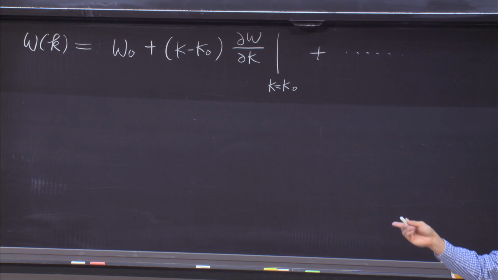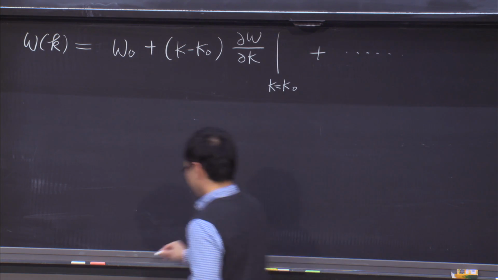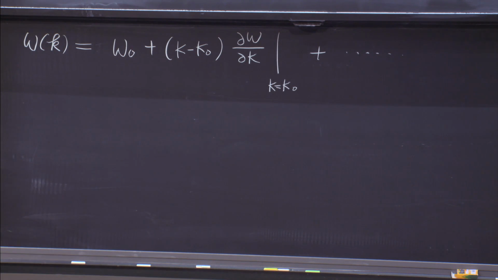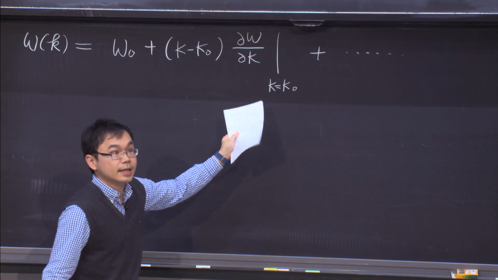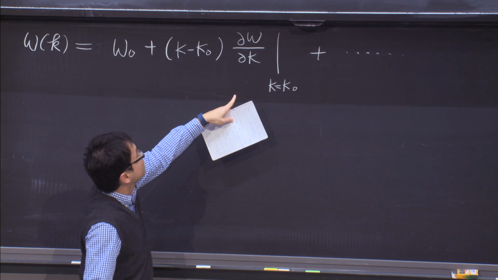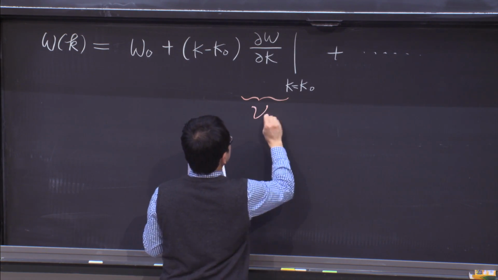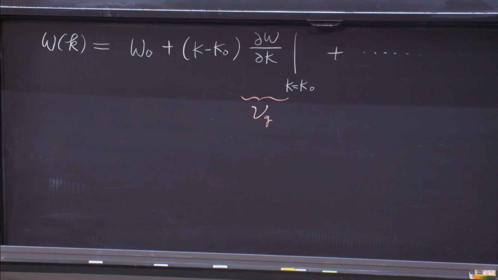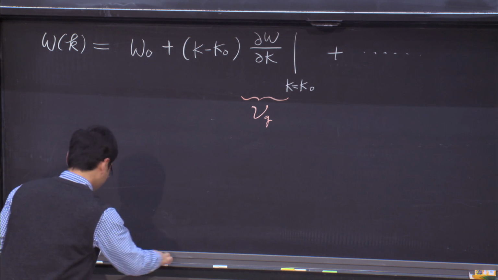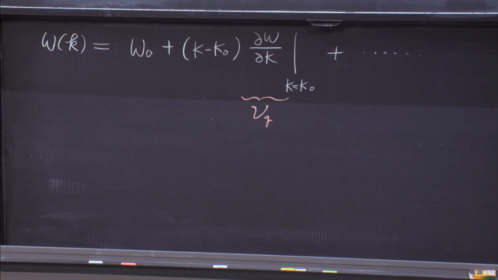Basically, I can do this Taylor expansion, okay? And maybe it surprised you. You can immediately identify this d omega dk is the group velocity. Suddenly it shows up in the Taylor expansion of the dispersion relation.